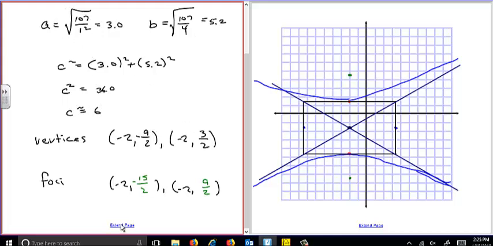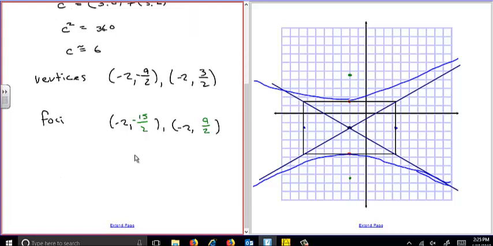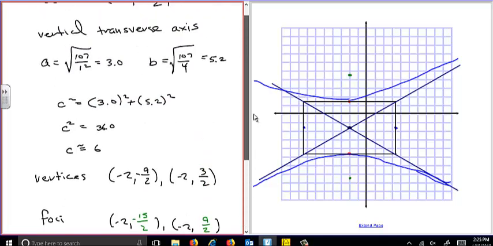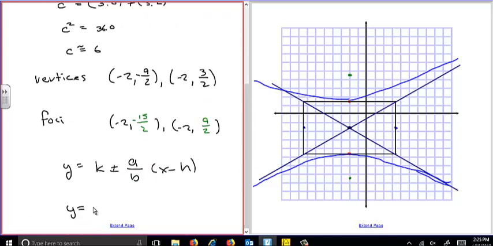And then finally, the equations for the asymptotes. It's a vertical transverse axis, so you look on your formula sheet, it says it's k plus or minus a over b times x minus h. So you get y is equal to k, so we go up to the center. K is -3/2. And then you have plus or minus a.